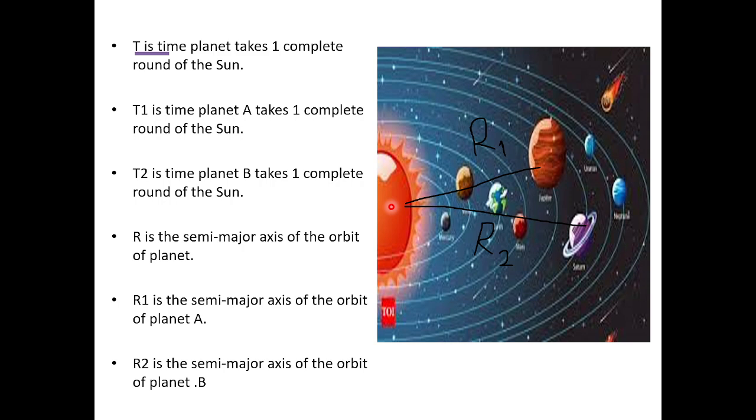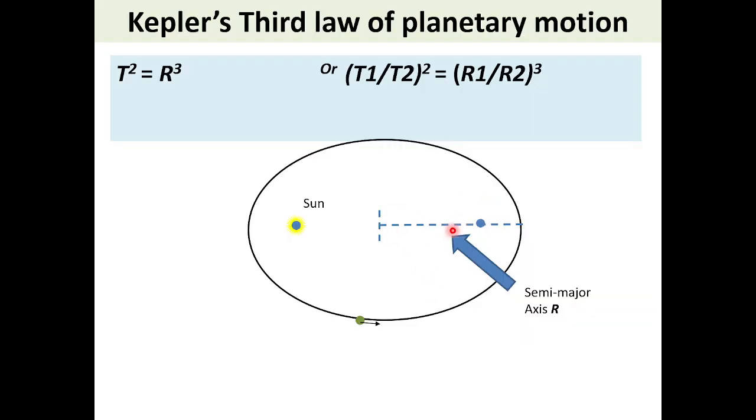You know, if we go back to the picture, the semi-major axis is almost the average distance, because the planet keeps on revolving in an elliptical path, which is not a circle, right? So the distance between the planet and the sun keeps on changing. See, right now the distance is this much. When the planet comes here, the distance is bigger, longer.